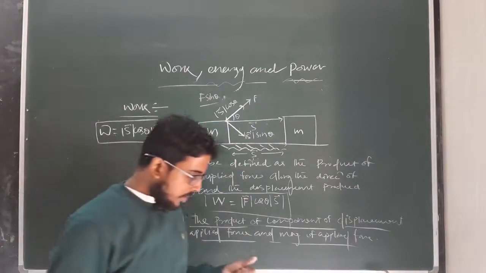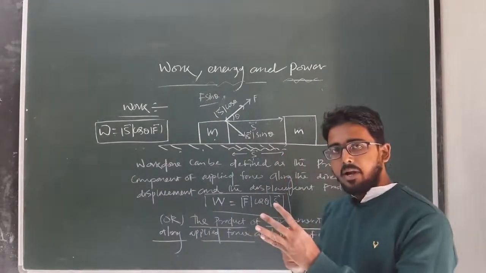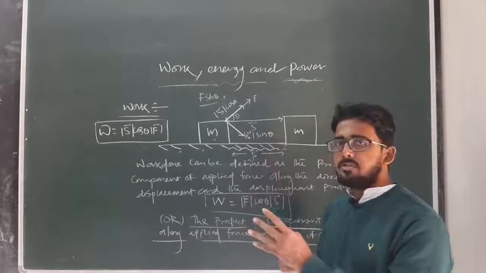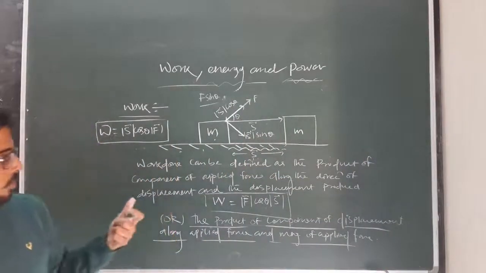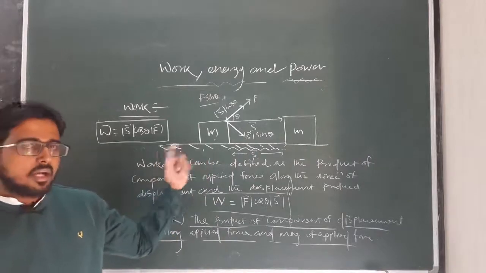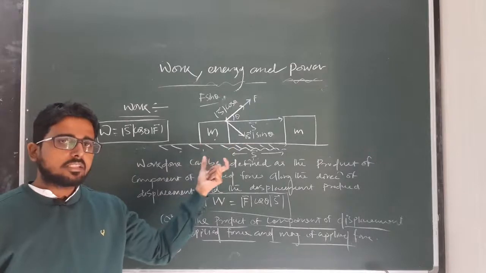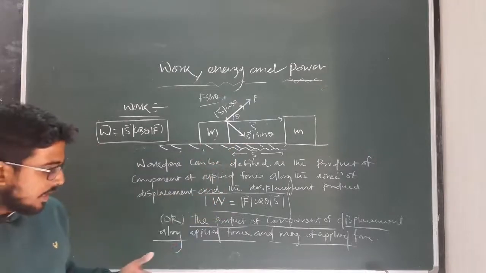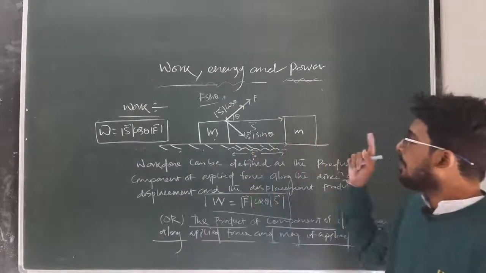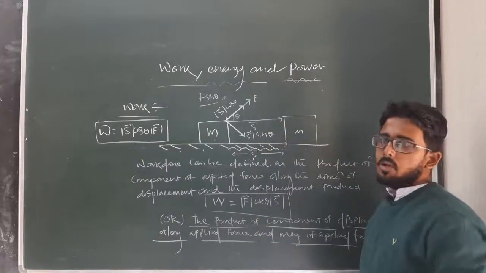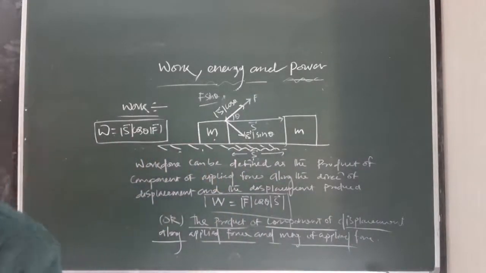So work done in physics can be defined in three ways. One is the dot product of applied force and the displacement produced due to that applied force. Next, it is the product of component of applied force and the displacement, and the component must be taken along the direction of displacement, or else it is the product of component of displacement along the direction of applied force and that of magnitude of the applied force. So in these three ways we can define work in physics.